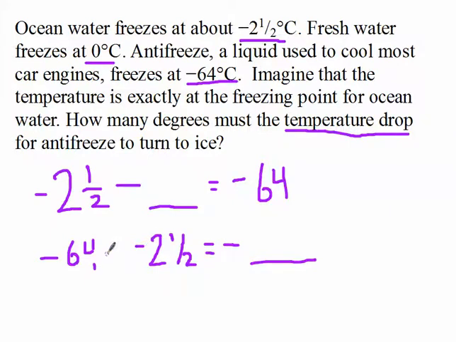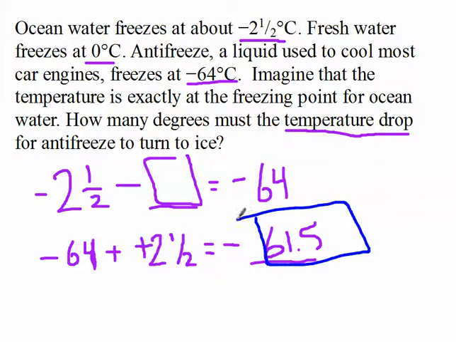This is going to be a subtraction. This is really adding, which means that this is 61.5. This value right here is going to be 61.5. That is what I'm looking for.